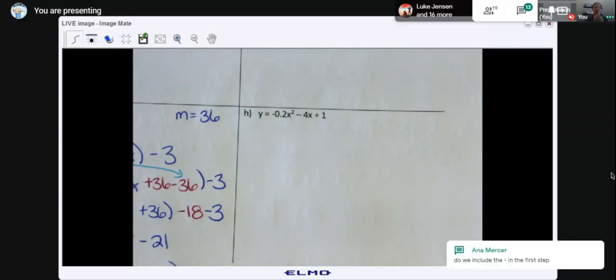Yes, Anna. So good question. When you're factoring out A, you take the negative sign as well. We need positive 1x squared inside the brackets.